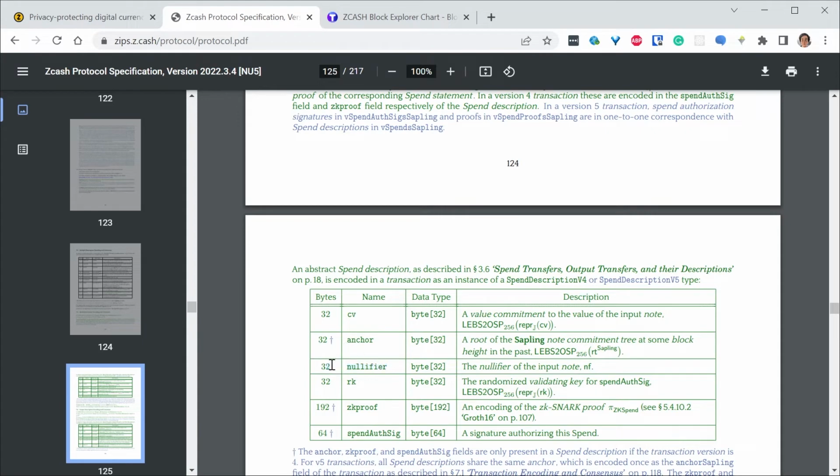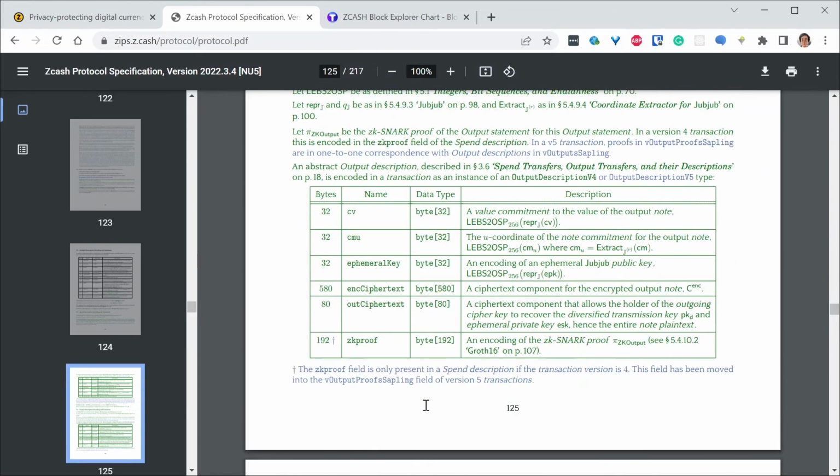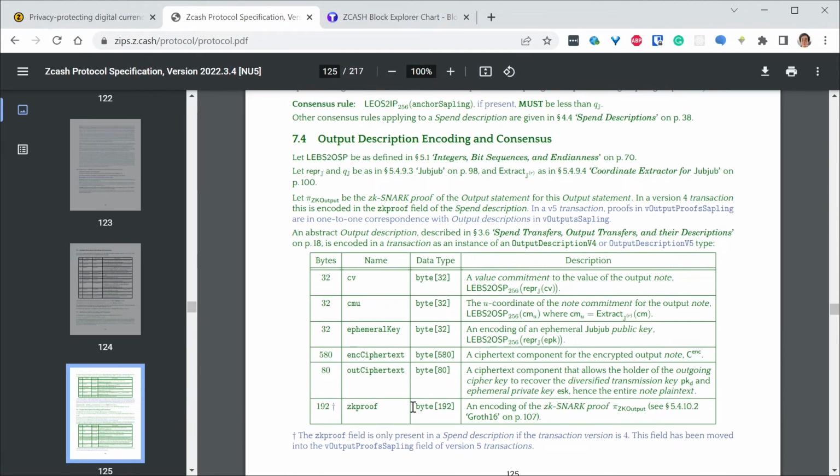So for spends, you can see that's a massive saving in size. From roughly, let's say, 300 bytes, we went down to 32, a factor of 10 to 1. Now for the output, we also have a big cut because we don't need all of this. We only need a CMU, the ephemeral key, and the beginning of the ciphertext.